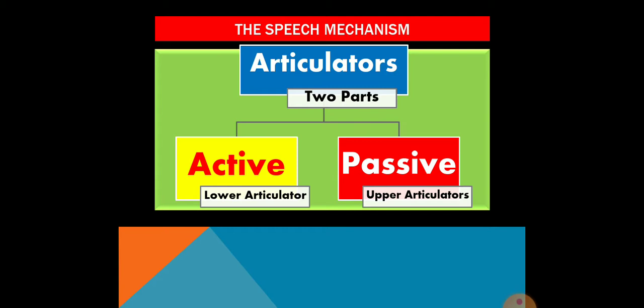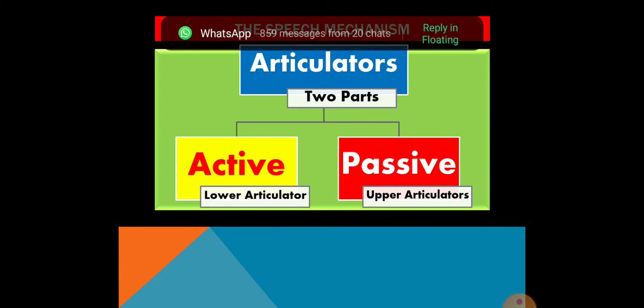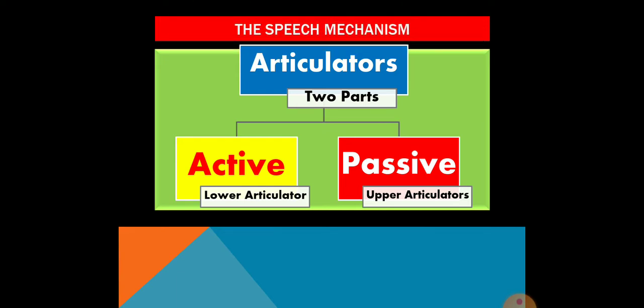Now you can see the passive articulators. Passive articulators are those articulators which do not move; they are stationary.